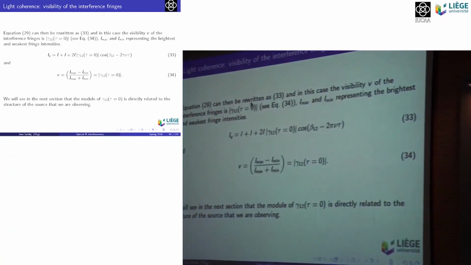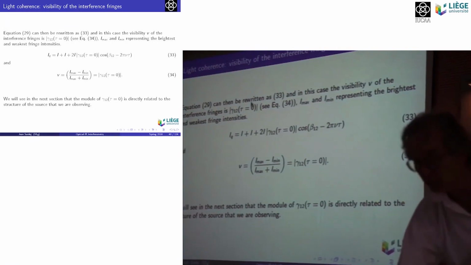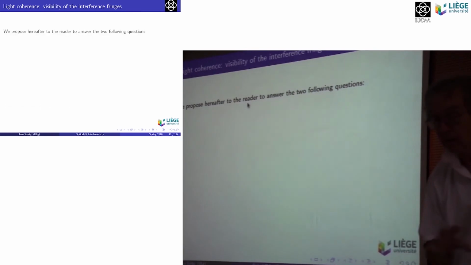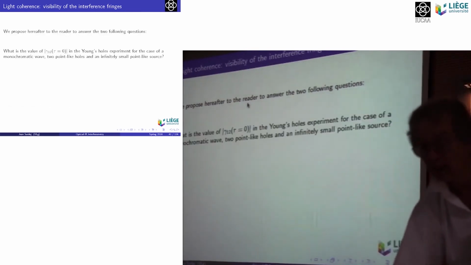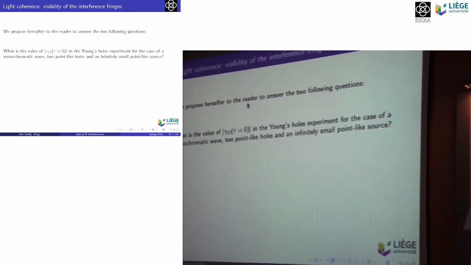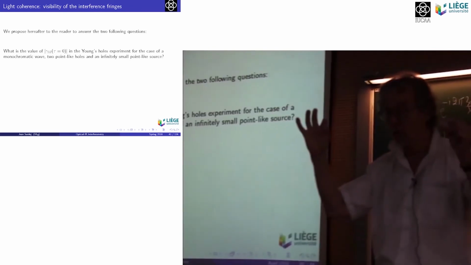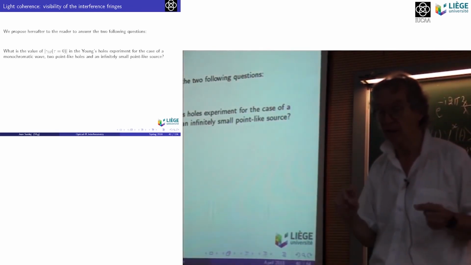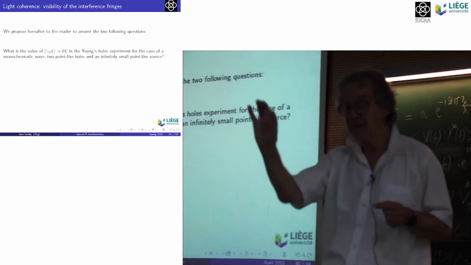And before going to that, I propose to you 2 questions. Let's assume that we are making the Young's holes experiment with 2 point-like holes for the case of monochromatic waves, so not even quasi-monochromatic, and an infinitely small point-like source.